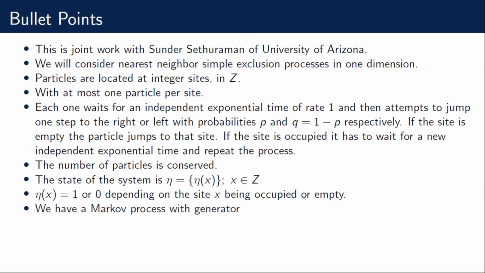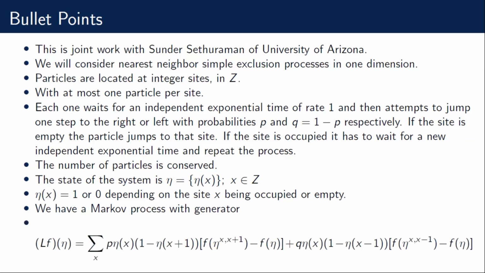So this whole process can be described by a Markov process, and you can write down the generator of the Markov process. The generator is described by an operator, and the operator describes all possible transitions that can happen in the process. So here you see that it's p times eta(x) times 1 minus eta(x+1). This tells you that there is a particle at x and an empty site at x plus 1.